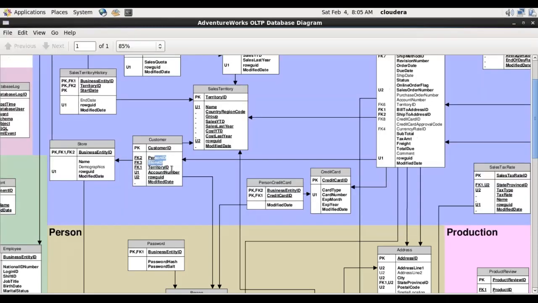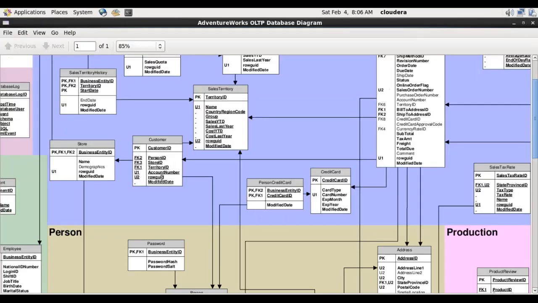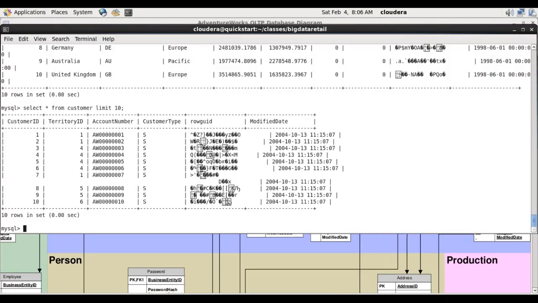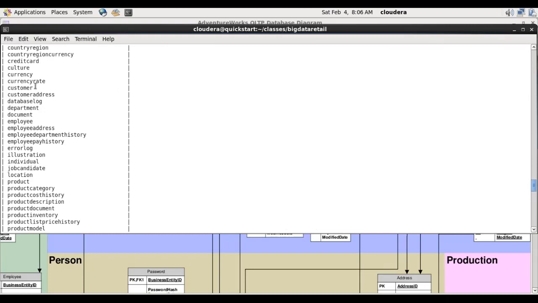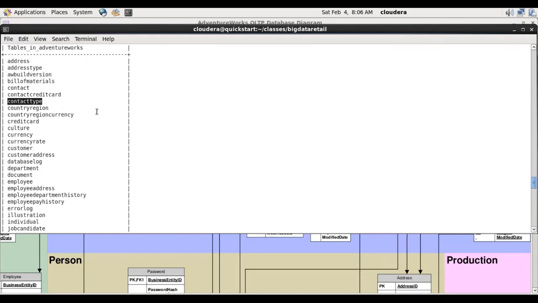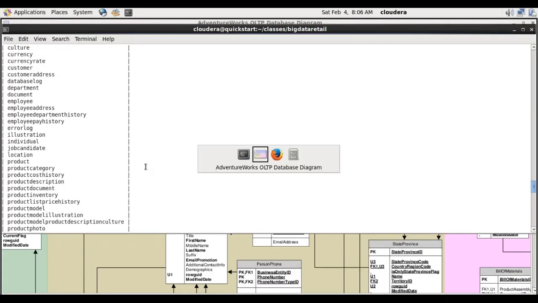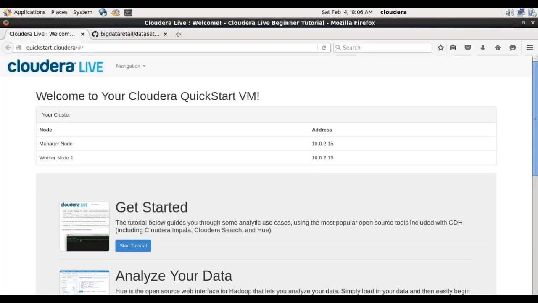These are customers, so we have this user to this territory, right? And this is the account number, and this is the customer type. So we should have a customer type table. Okay, we don't have customer type. I don't know what S means. S could mean something else now.